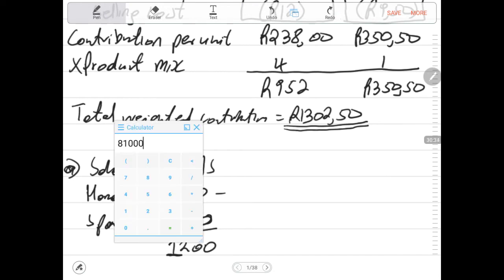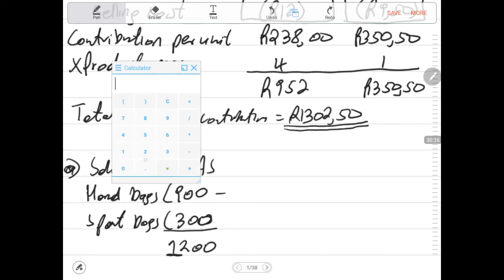It will be 1,200 times 4 divided by 5, the ratio of 4:1. We're supposed to have produced 960 handbags and 240 sport bags, which is 1,200 times 1 divided by 5. We are allocating our actual sales using our standard product mix.